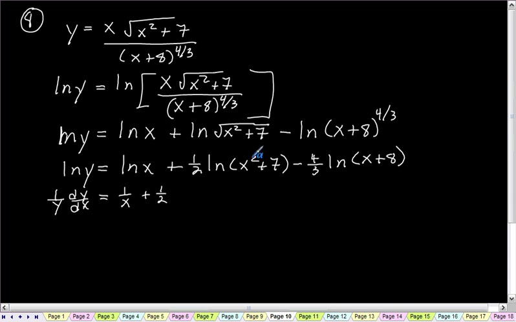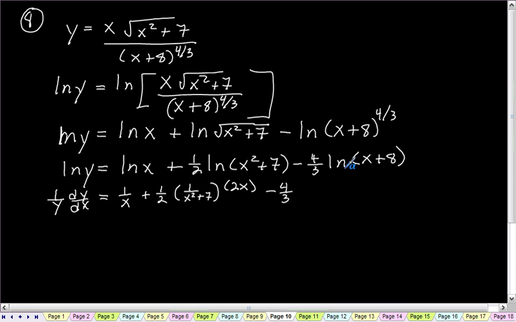Well, it's 1 over x squared plus 7, but then I have to take the derivative of the inside. The derivative of the inside is 2x. The constant goes to 0. Minus 4/3, because that's constant.